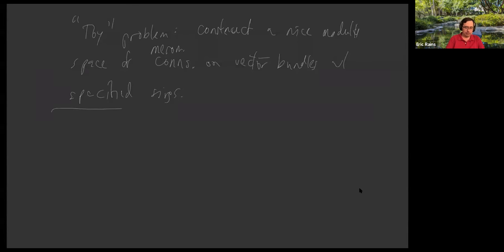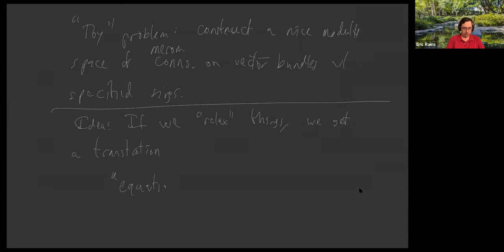And so the basic idea is, if we relax things, we can actually get a dictionary, or a translation from, well, now I'm going to put scare quotes, because they're not actually going to be equations anymore.